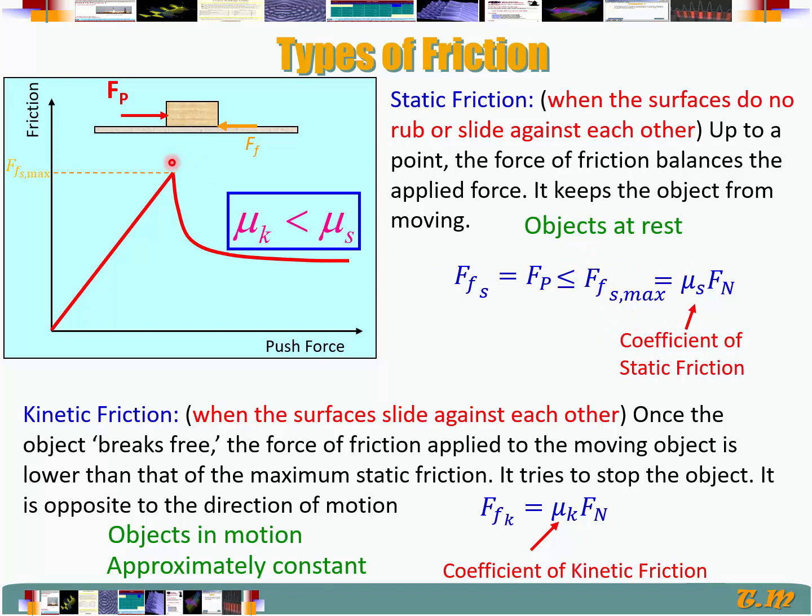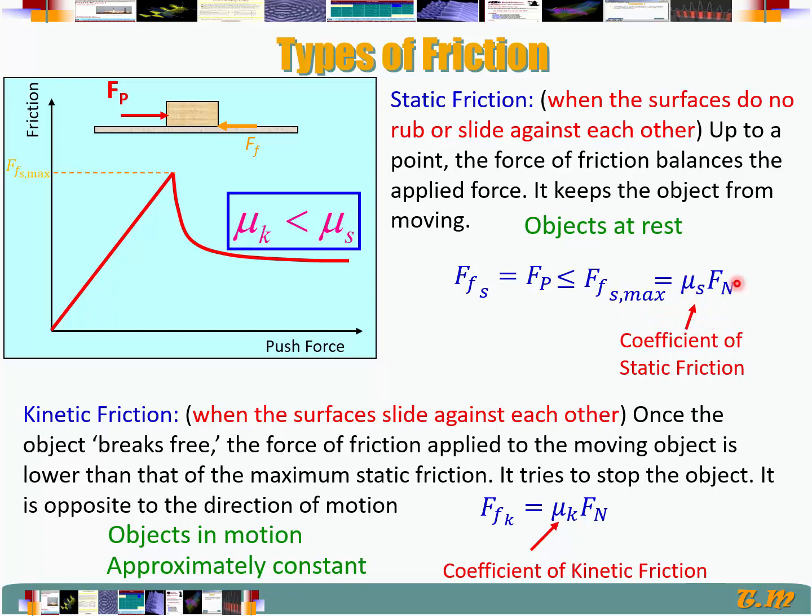So again, if we are pushing on an object and it's not moving, the static friction keeps on increasing as we keep on pushing, till we reach a maximum value that the static friction force can have. That's when it starts sliding and we don't have static friction anymore.